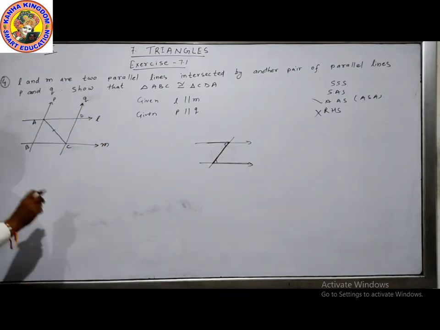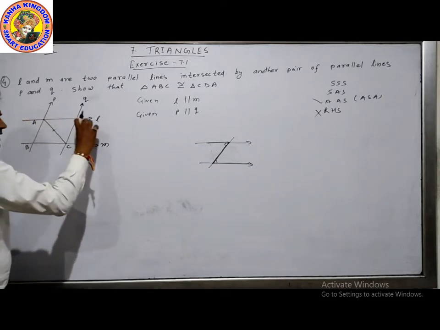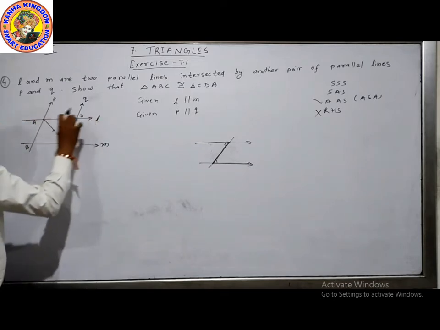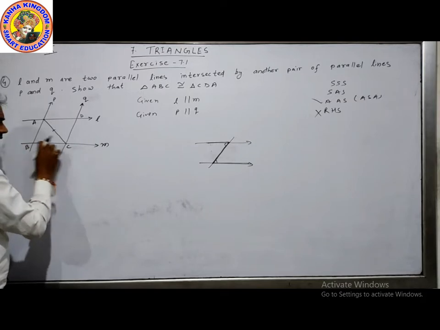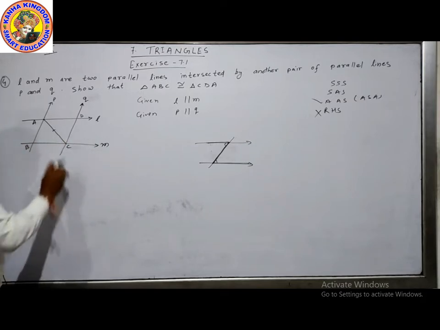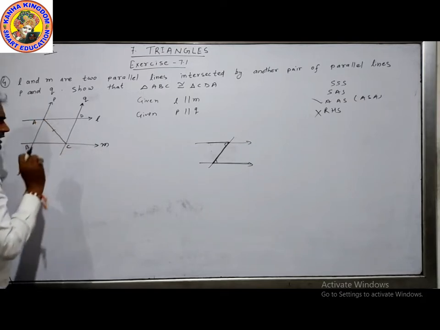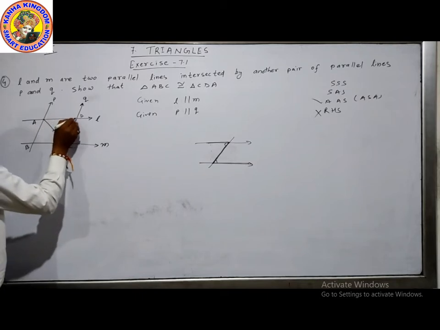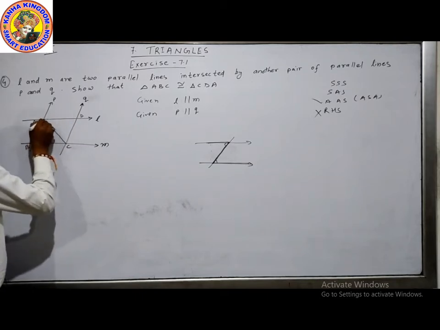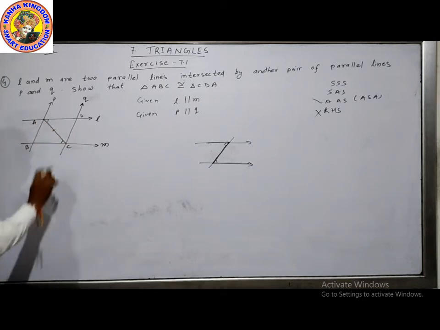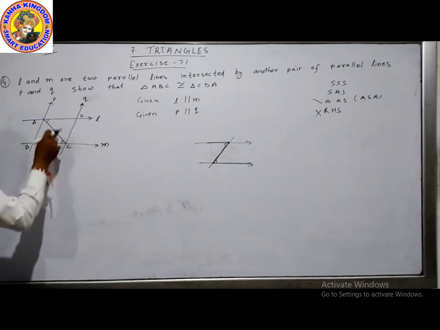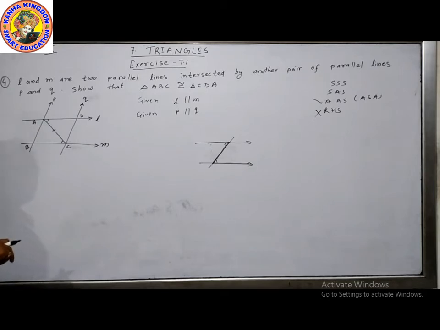There are two parallel lines L and M. One line AC intersects them, so there is a Z. So alternate angles are equal. So angle A and angle C are equal, using L and M parallel.